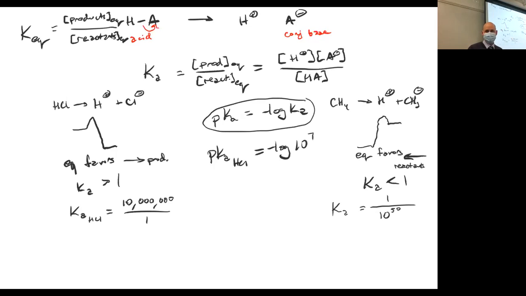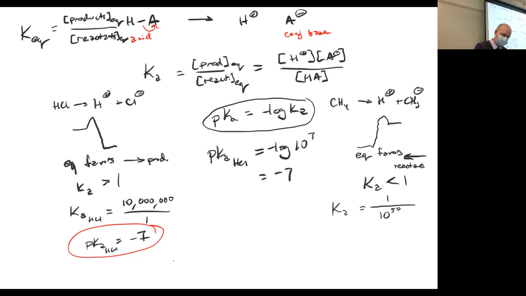So 10 million is 10 to the 7th. Base 10 log undoes 10 to the whatever, and you end up with just your exponent. So the log of 10 to the cancels out. So the pKa of HCl is just negative 7. And so that's the pKa of HCl.